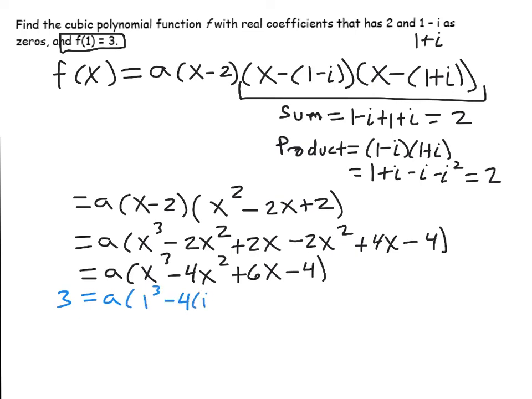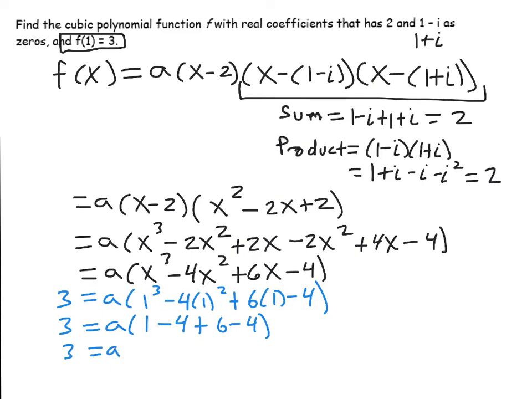Everywhere I see an x, I have to put a 1. You take a look at that and, okay, you can get a. This would be 1 minus 4 plus 6 minus 4, which, if you check all that, I believe it's -1. Divide both sides by -1, and you get that a is -3.